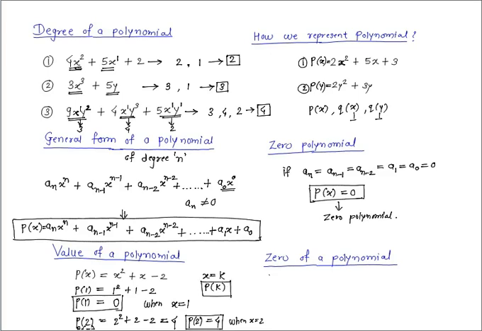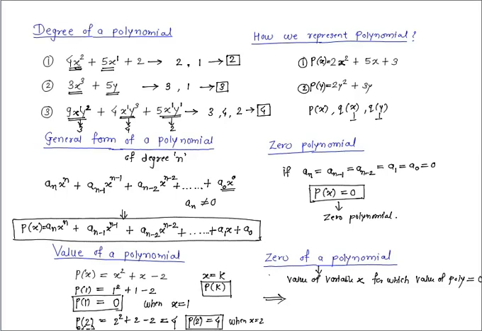Now what is the zero of a polynomial? It is the value of the variable x for which the value of the polynomial becomes 0. So in the first example, we can say P of 1 becomes 0 when x equals 1.